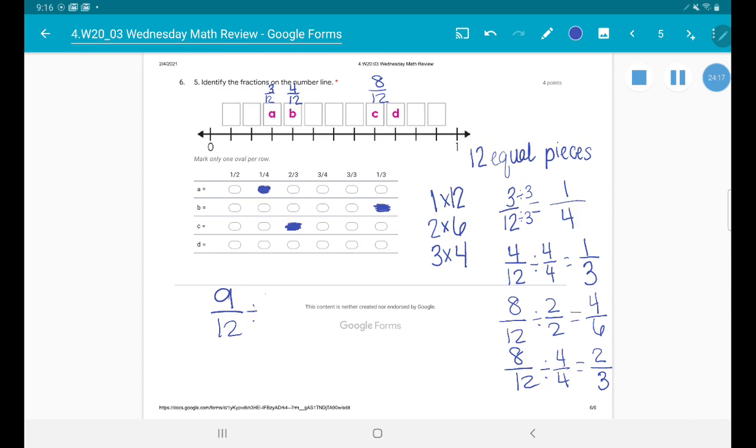So I'm going to divide 9/12 by 3/3. 9 divided by 3 is 3. 3 times 3 equals 9. And 12 divided by 3 is 4. Very good. So 9/12 is equal to 3/4.